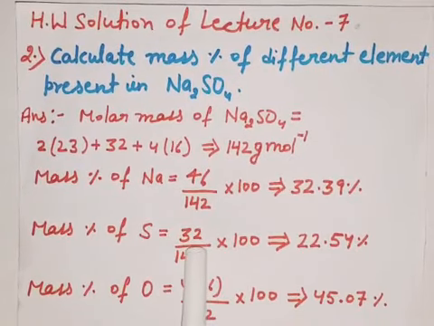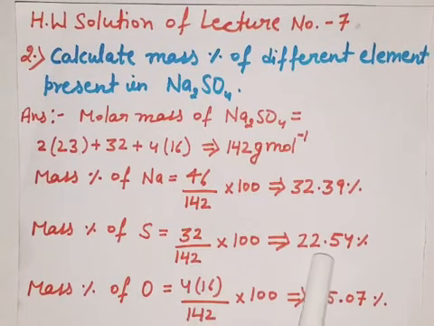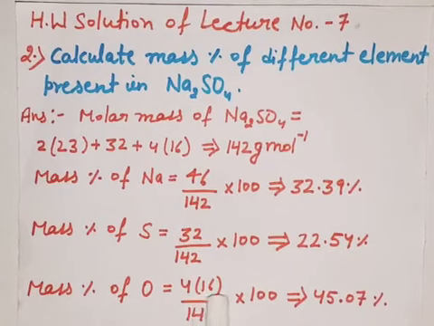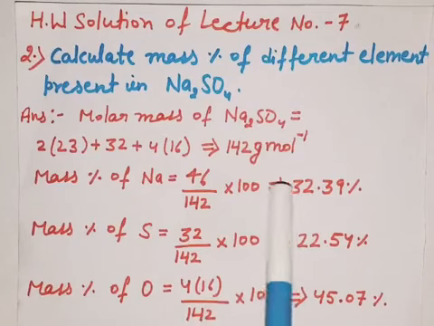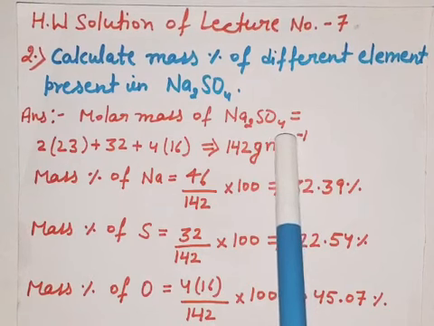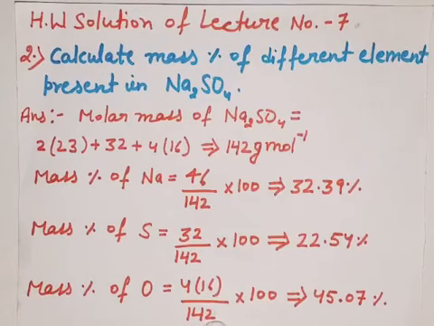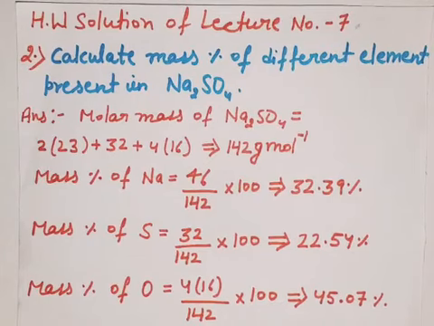Atomic mass of sulfur is 32 divided by the molar mass of sodium sulfate into 100, that is equal to 22.54%. And the mass percentage of oxygen is equal to 4 into 16, because the atomic mass of oxygen is 16 and there are 4 atoms of oxygen in sodium sulfate, so 4 into 16 divided by the molar mass of sodium sulfate 142 into 100, that is equal to 45.07%. This is question number 2.